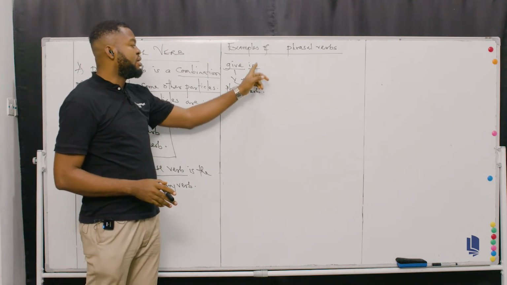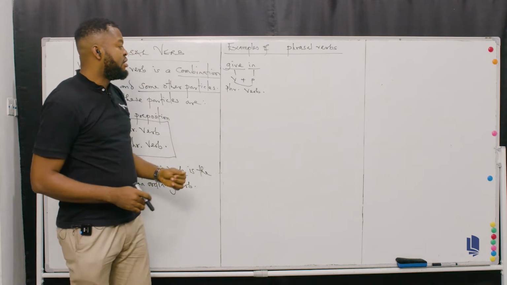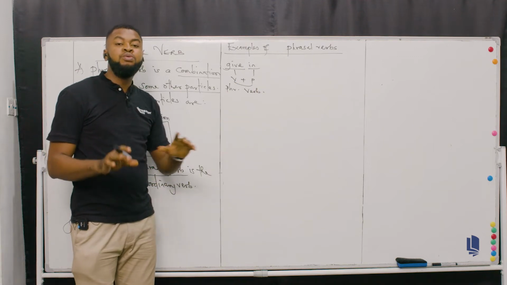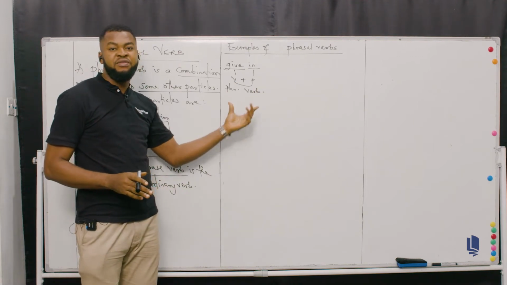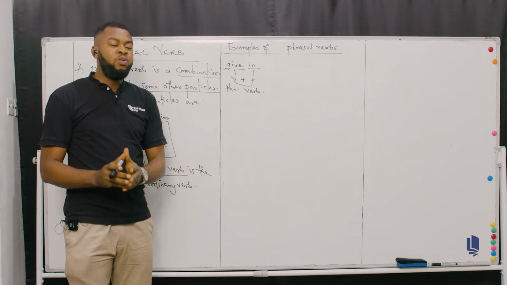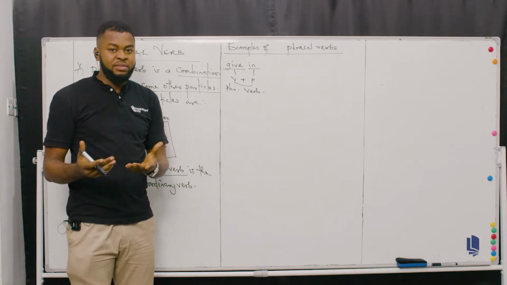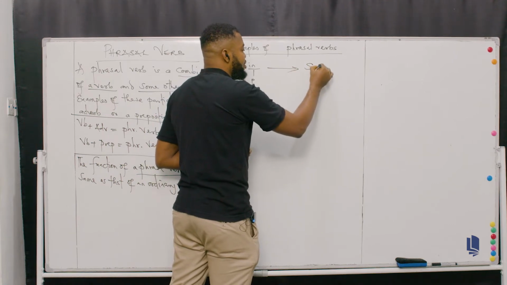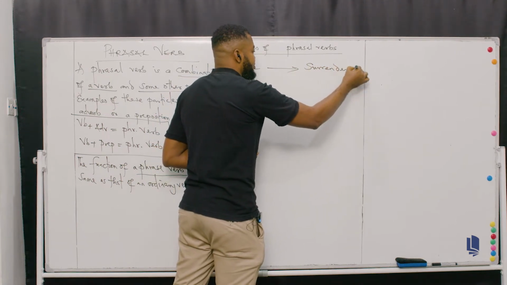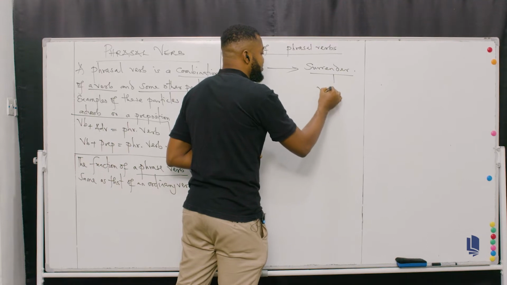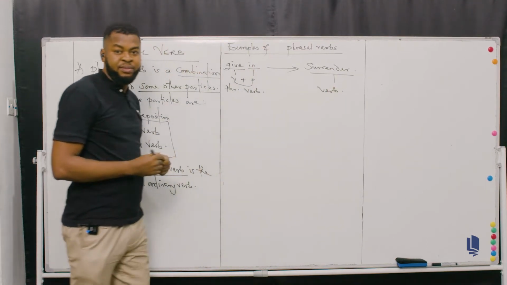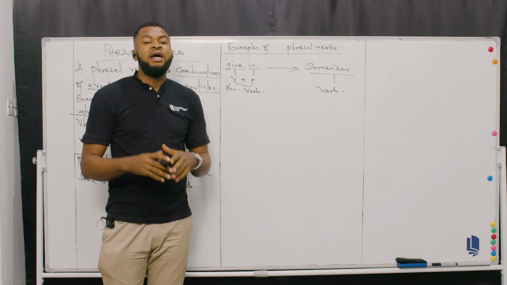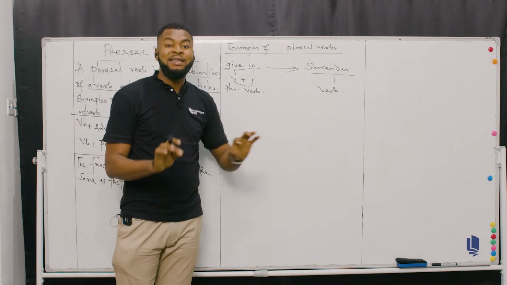And then you have plus what? In, which is a preposition. Now, when you combine this verb with this preposition, you will definitely form a phrasal verb. What's the phrasal verb there? That's give in. And what is the equivalent meaning of give in as a single verb? You would have surrender, okay? So what's surrender here? That's basically an ordinary verb. So which means that if you don't want to use give in as a phrasal verb, you can otherwise use surrender as an ordinary verb.